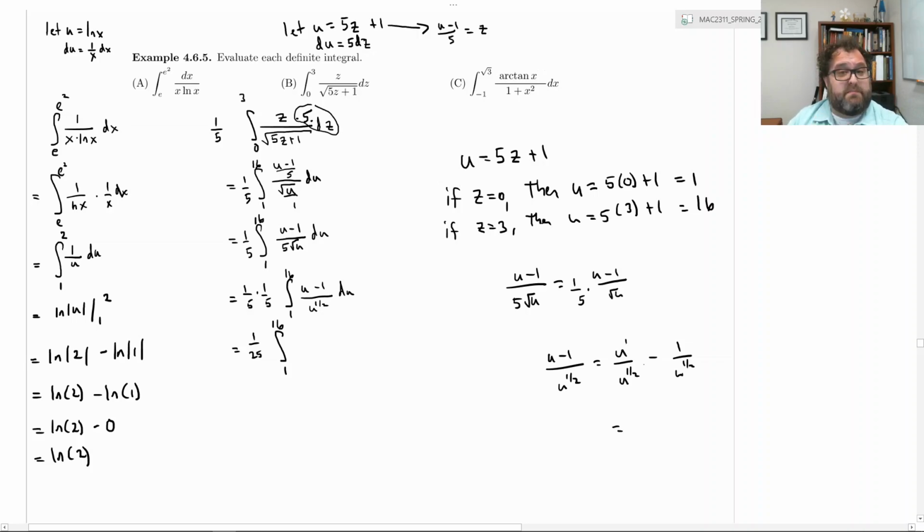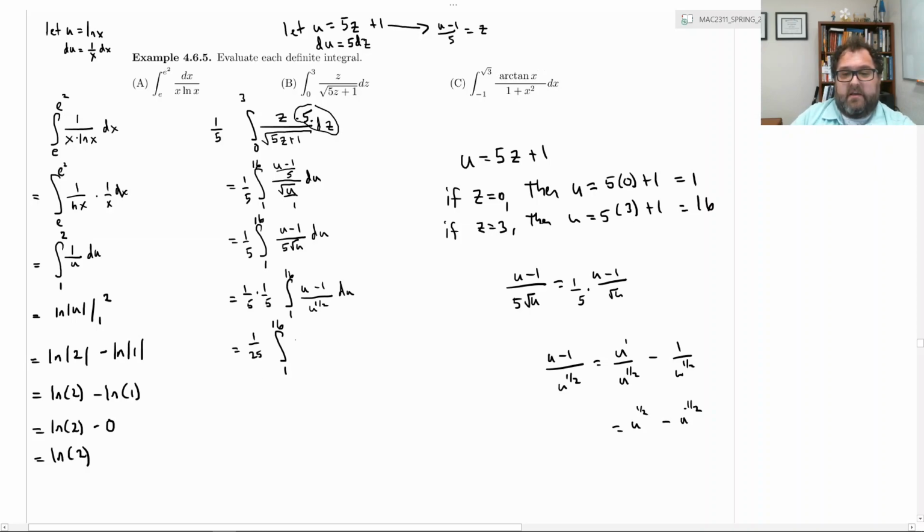Now the properties of exponents, the quotient property specifically, says if you have the same base expression on the top and the bottom of the quotient, well, you can combine that into a single term of that single base, and you subtract the exponents. So what's 1 minus 1/2? Well, it's 1/2. And then we have what? If we want to write this without the u on the bottom, we want to move it to the top so we can use the power rule for antiderivatives. We just write that as u to the negative 1/2.